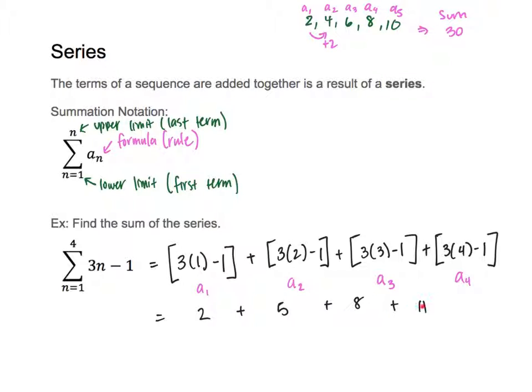So this string of numbers is just like saying the sequence is 2, 5, 8, 11. But between them, instead of commas, you have plus signs because this is a series. You always add the terms together in a series. That's why I have the plus signs in between those sets of brackets, because I'm adding up each number in the sequence. So if I total this up, I get 26 as my sum of this series.